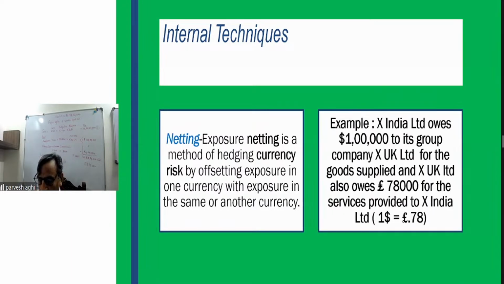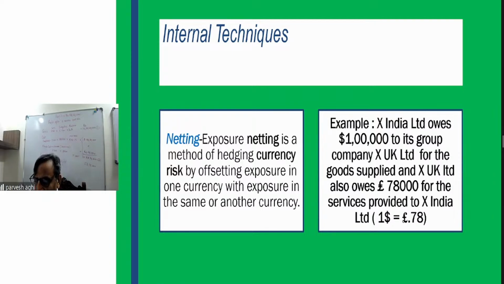Now, it can be in another currency also. For example, X Limited owes $1 lakh to its group company X UK Limited for the goods supplied, and X UK Limited also owes £78,000 for the services provided to X Limited. So at the time when this transaction was supposed to be settled, $1 was 0.78.